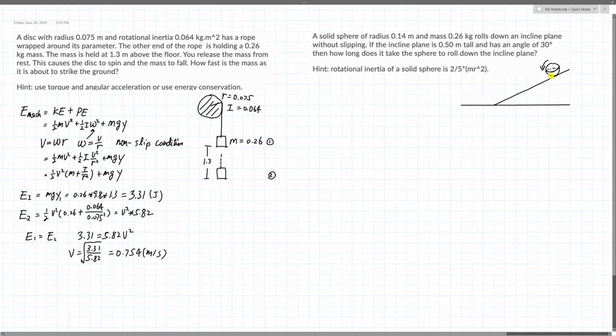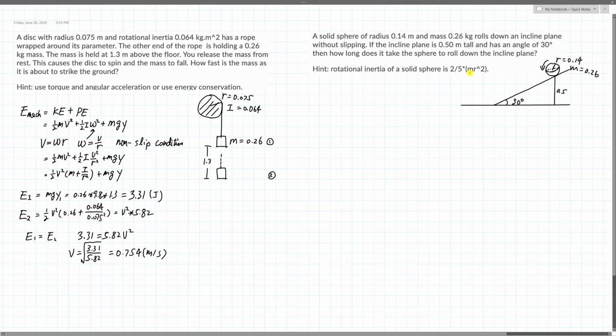Let's put the numbers in. We have a radius, so r equals 0.1. We also have mass 0.26. Oops. Okay, and we have 0.5 meters, and then we also have the 30-degree angle.